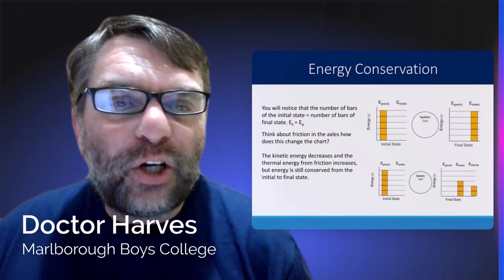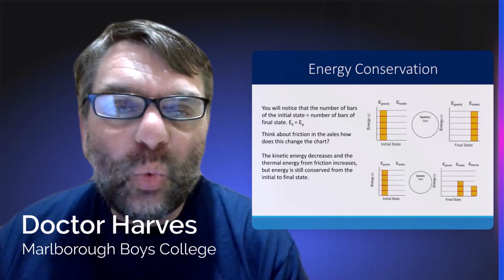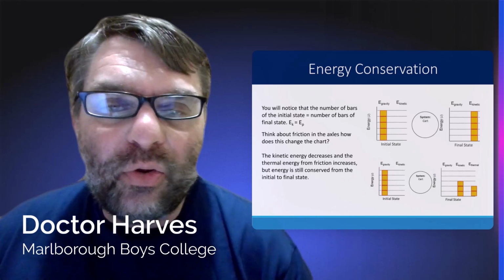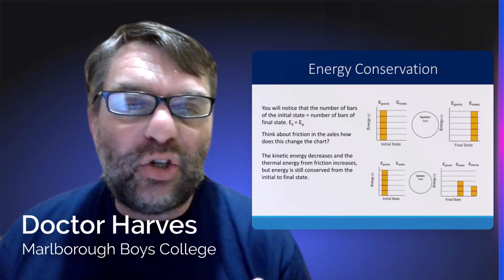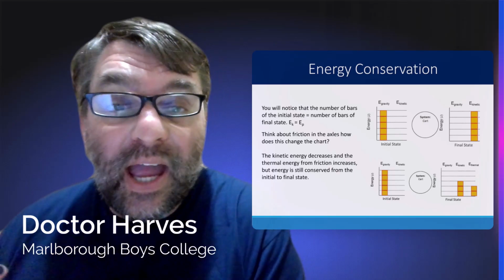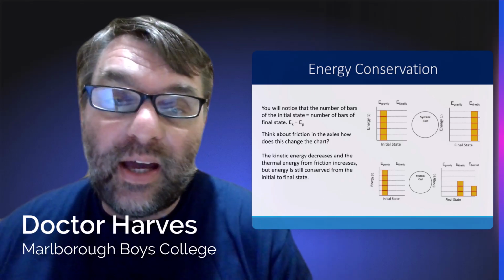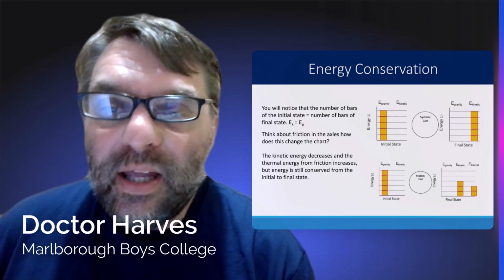But then think about the friction of the axles. How will this change the cart? Well, you'll see from the bottom diagram on the right that the kinetic energy decreases and the thermal energy from the friction increases, but still the energy at the start, the initial state, equals the sum of the kinetic energy plus the thermal energy in the final state.